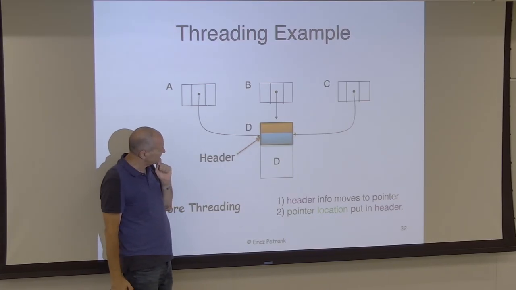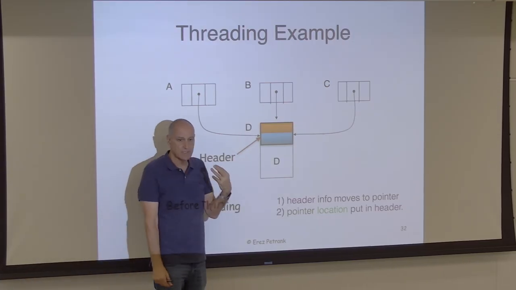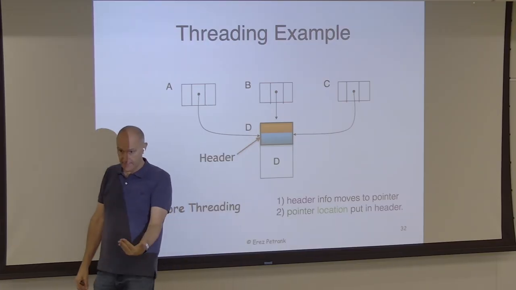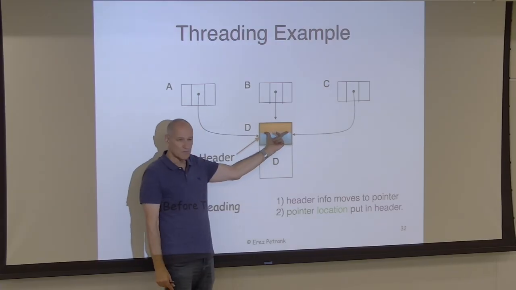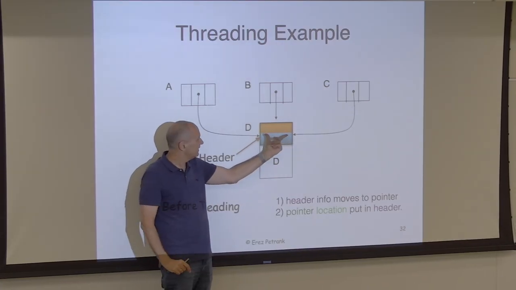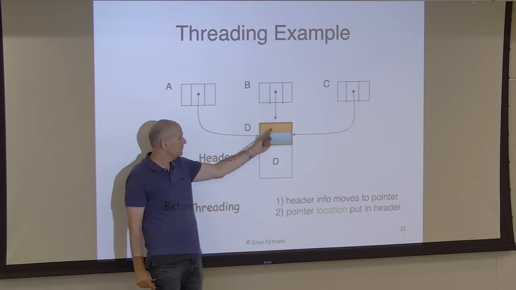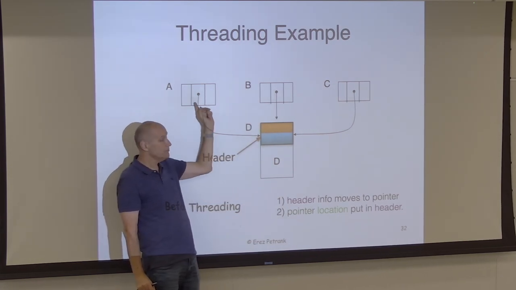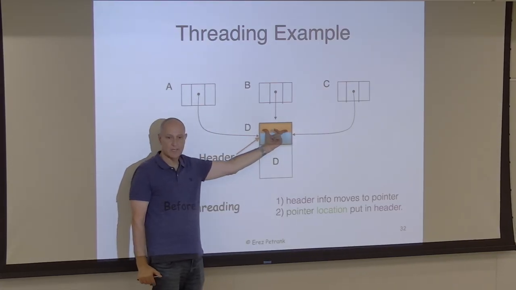What I'm going to do is something that I call threading a field into the header. The operation is very simple. If I want to thread this into here, I'm going to let the header point to it, and in here, I'm going to put the value that is currently in the header.